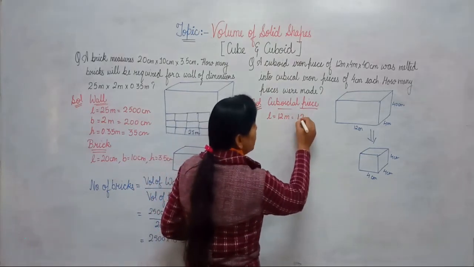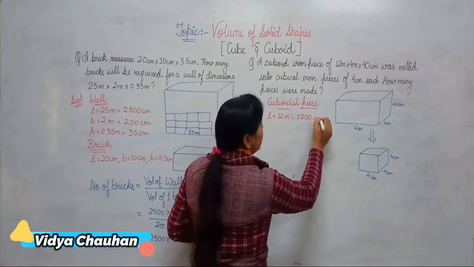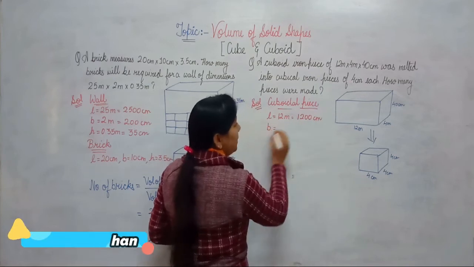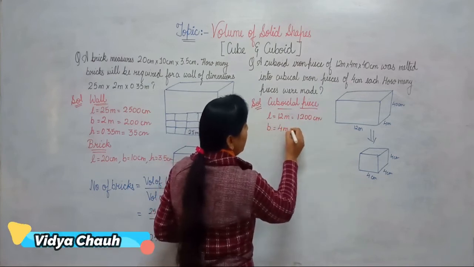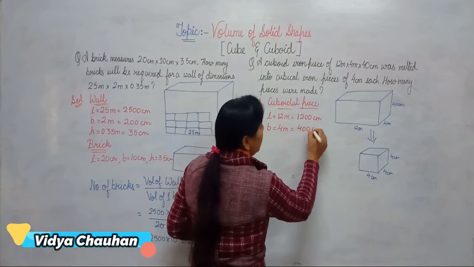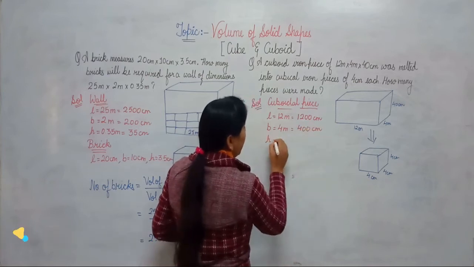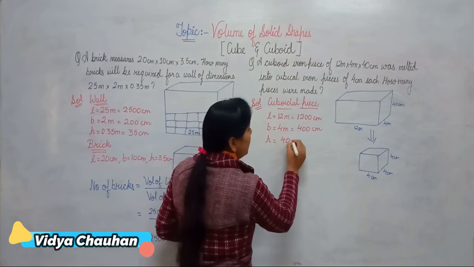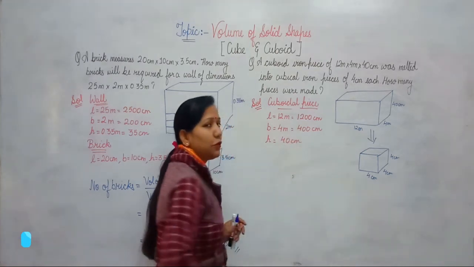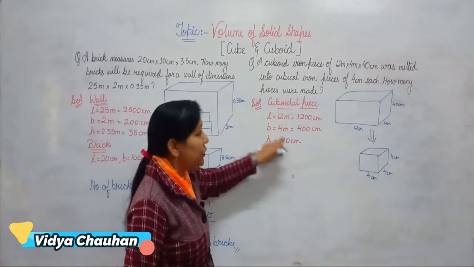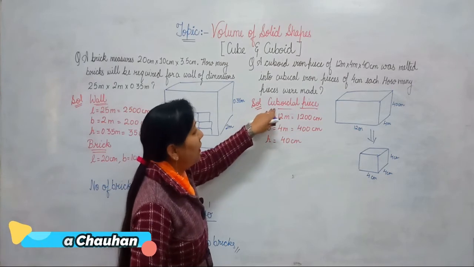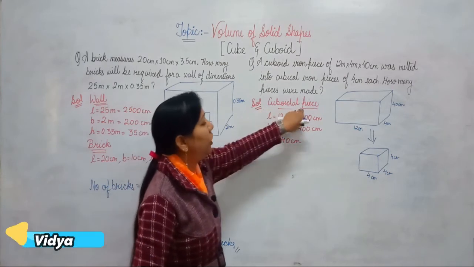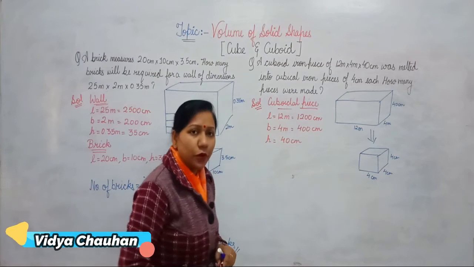So 12 meter is equal to 1200 centimeter. Similarly, breadth is 4 meter, that is 400 centimeter. And the height of the piece is already in centimeters, so we do not have to do any conversion here. Now we have converted the length, breadth and height of the cuboidal piece into centimeters.